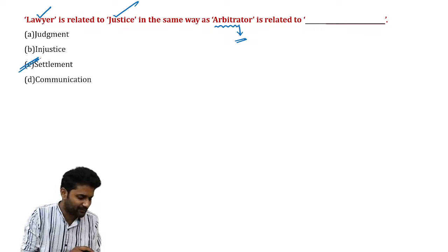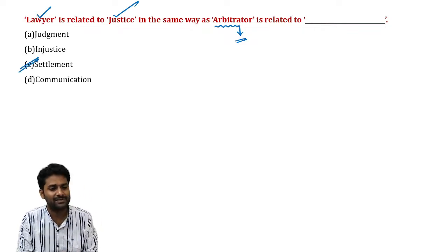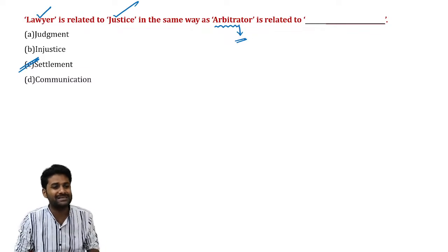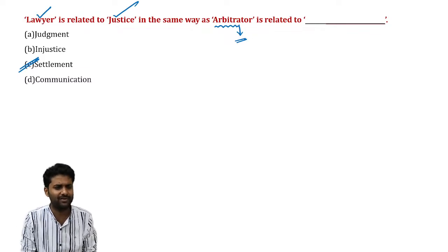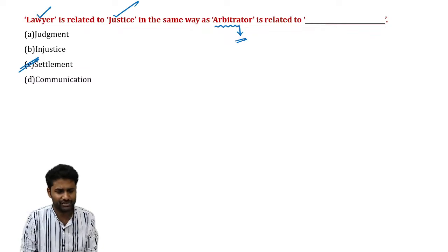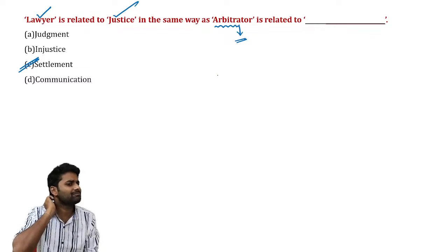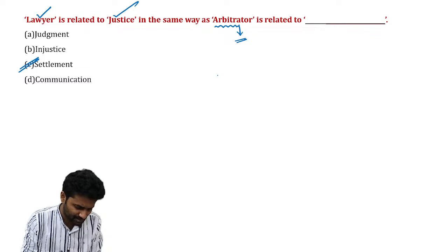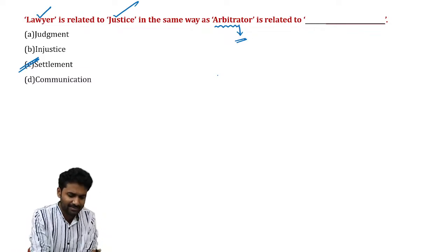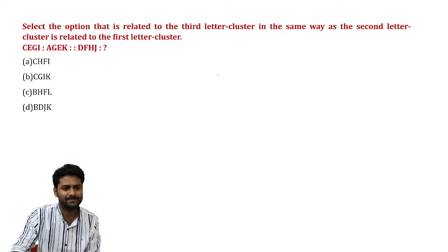Guys, here the perfect answer is settlement. He is the person who is appointed to settle whatever the issues are. That's why an arbitrator works for the settlement. So lawyer is justice and arbitrator is settlement.